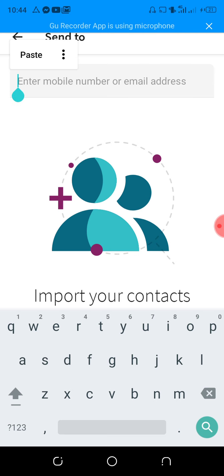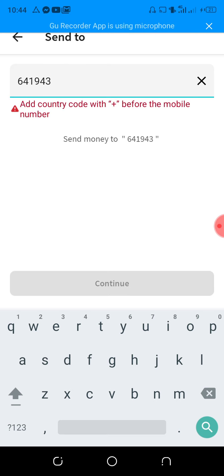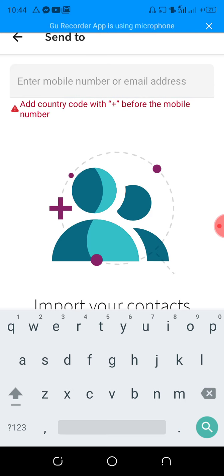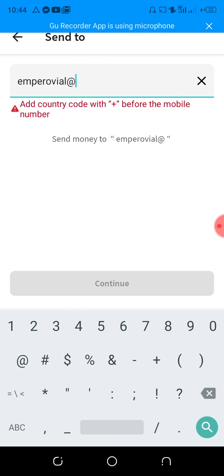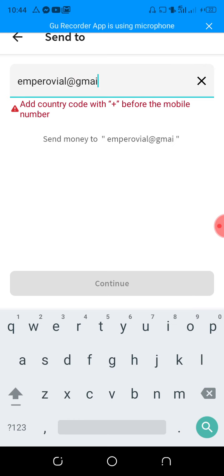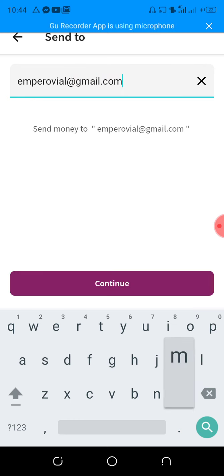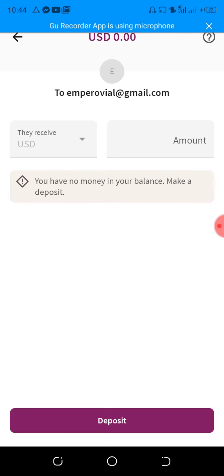Let's say you already have an email address that you want to paste, or you have the person's phone number, or let's say emperuvia@gmail.com. Most times it will be tested whether the person's email actually exists on Skrill. I'm just giving an assumption. So you say continue, and you now write the amount.